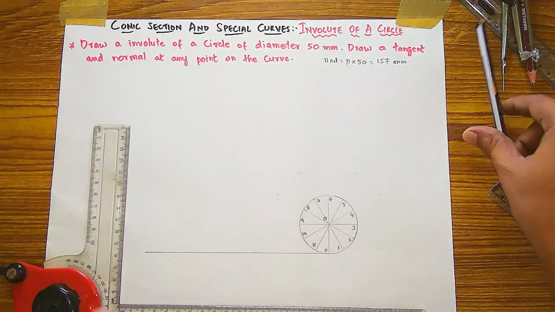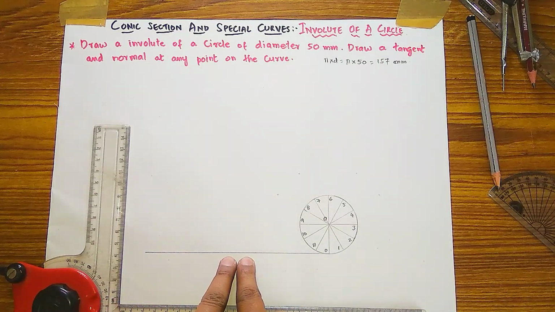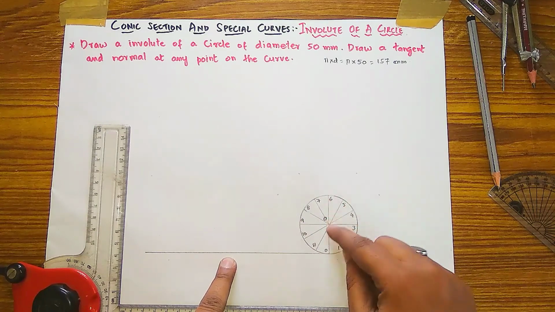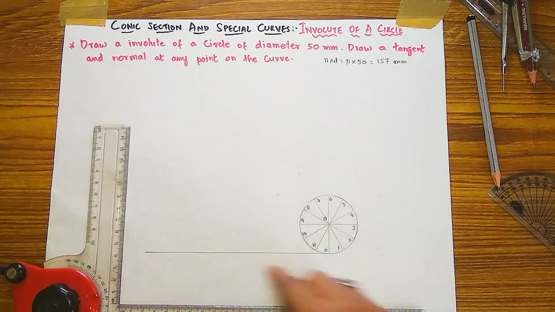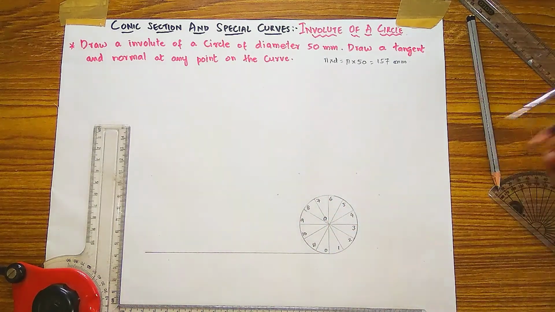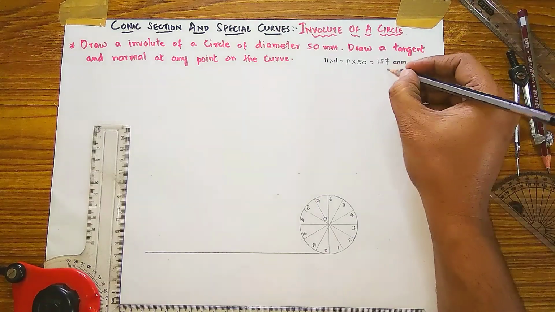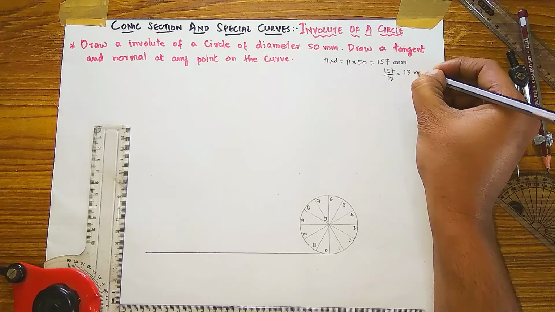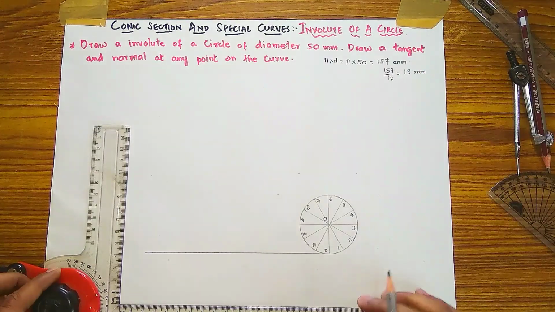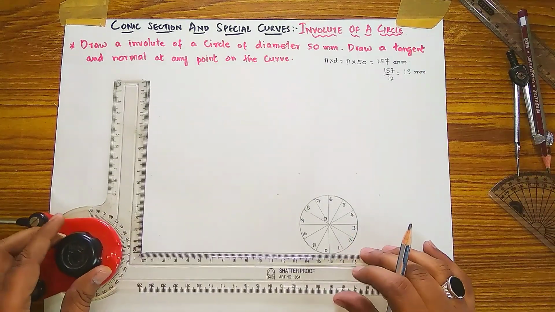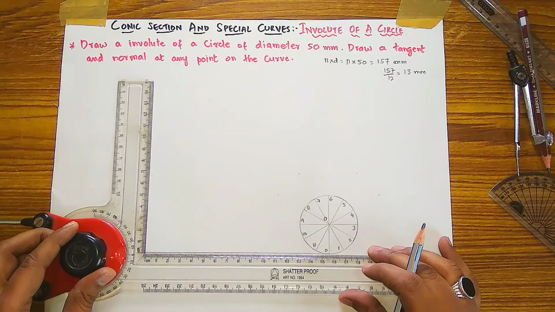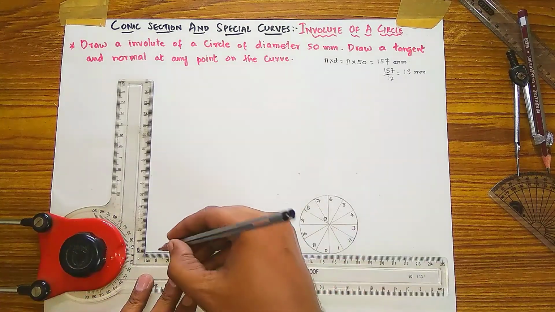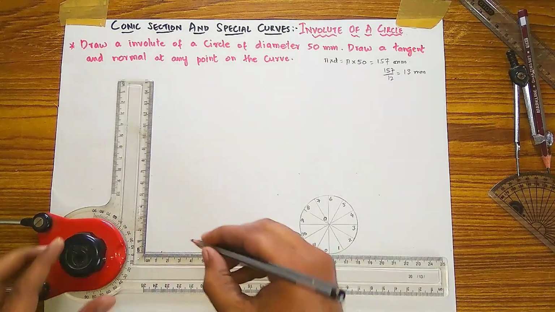Then you have to divide this 157 mm into 12 equal parts. Why? Because the circle was divided into 12, so you divide the line into 12 equal parts. Calculate 157 divided by 12, and one part will be 13 mm. You can do this in a calculator.